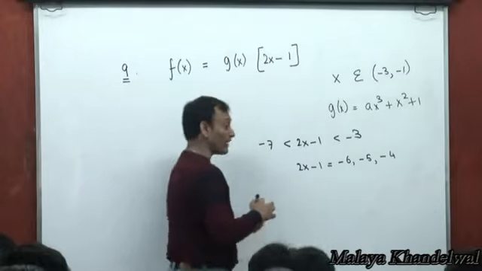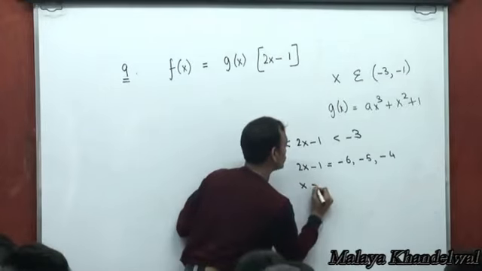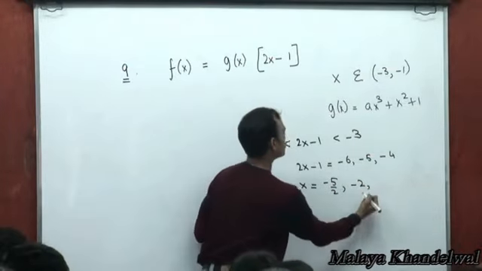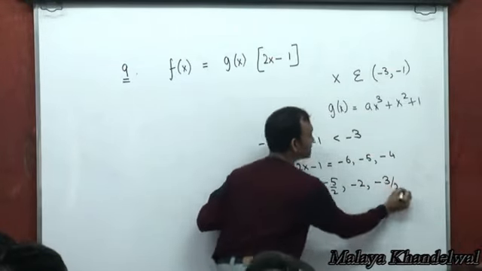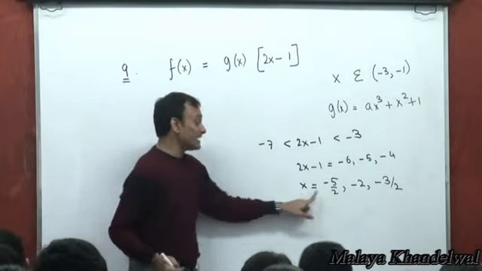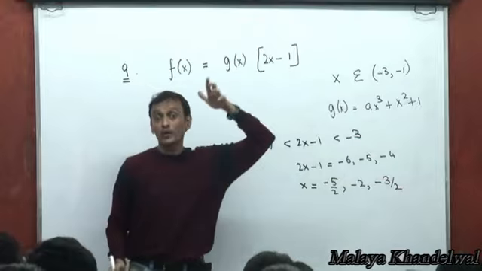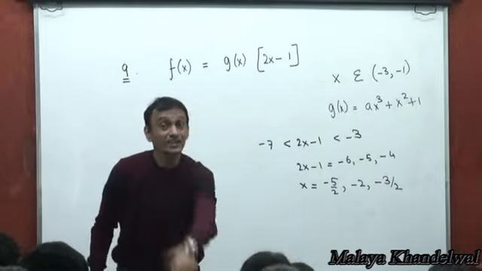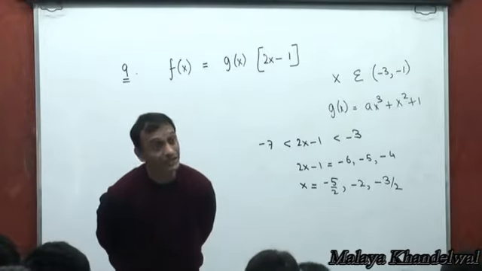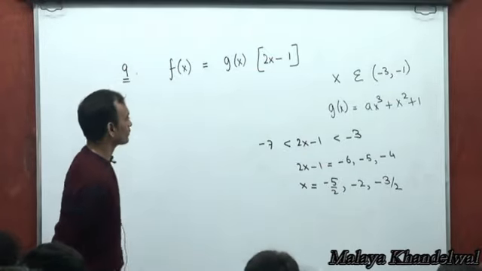And that happens for what values of x? That happens for x equal to minus 5 by 2, minus 2, minus 3 by 2. At these values of x, 2x minus 1 becomes an integer. That means at these values of x, box of 2x minus 1 is not continuous, right?